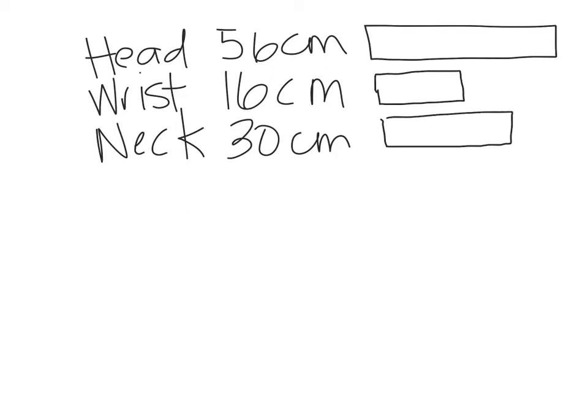So you can see they're not all perfect. They're not showing a complete representation, but you can tell that 30 centimeters is smaller than 56 centimeters. And the 16 centimeters is smaller than the 30 centimeters. So you can completely see using the tape diagram how we can compare.